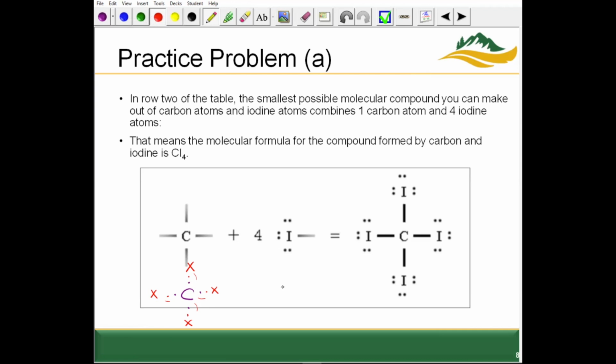Iodine is a halogen. It has 1, 2, 3, 4, 5, 6, 7 valence electrons. For iodine to be happy, it only needs to bond with 1 other atom here. So 1, 2, 3, 4, 5, 6, 7, 8. So bonding with 1 other atom here would allow iodine to have a happy complete octet as well.